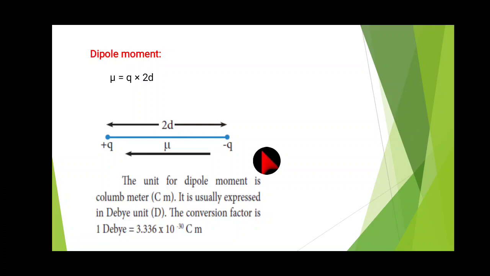The dipole moment is a vector, and its direction points from the negative charge to the positive charge. The unit for dipole moment is coulomb meter. It is expressed in debye, unit D. So 1 D equals 3.336 times 10 to the power minus 30 coulomb meter.